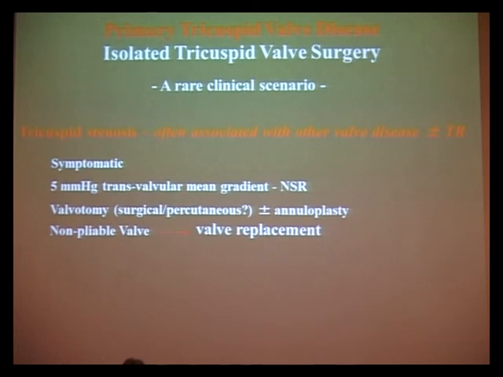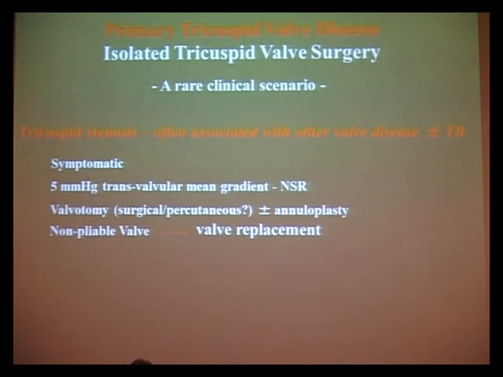Let's have a few words about tricuspid stenosis. And again, here, the gradient is very important. If we have over 5 millimeters, it's not like mitral 10 millimeter or so.